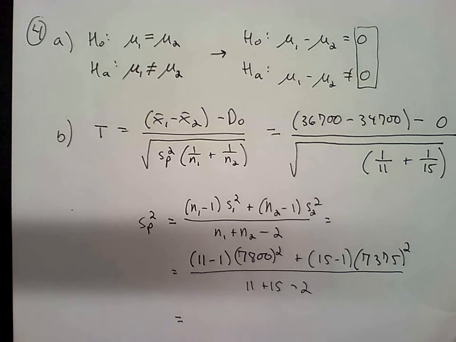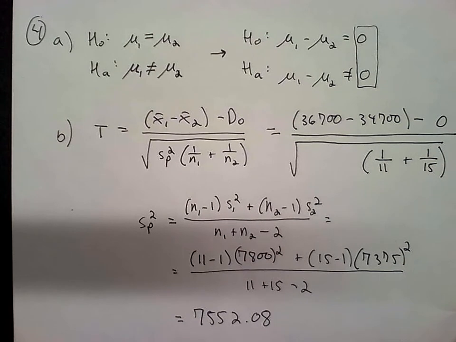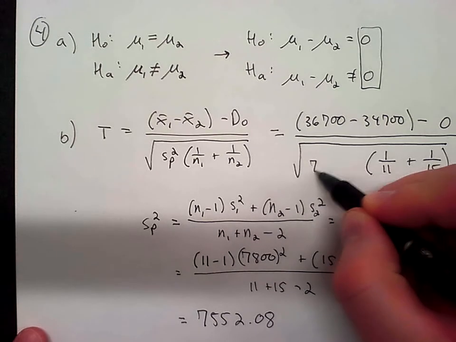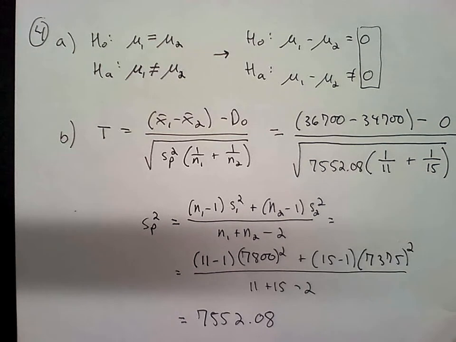If you do this sp squared stuff, you should get 7,552.08. And therefore, that's what we're also going to plug in right here, 7,552.08.